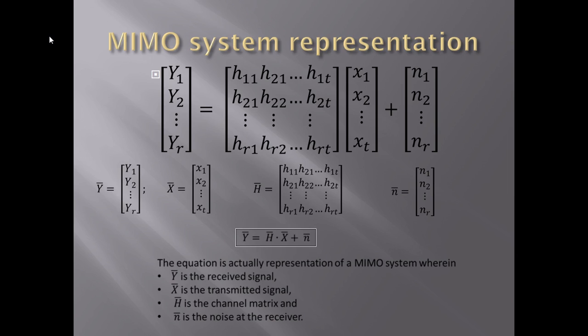X1, X2, and so on till XT are the signals transmitted from the various transmitting antennas. N1, N2, and so on till NR are the noise signals at the receiving antennas. The H matrix has R rows and T columns and is also known as the channel matrix. The final output received at the receiver is given by the channel matrix times the input plus the noise signal.